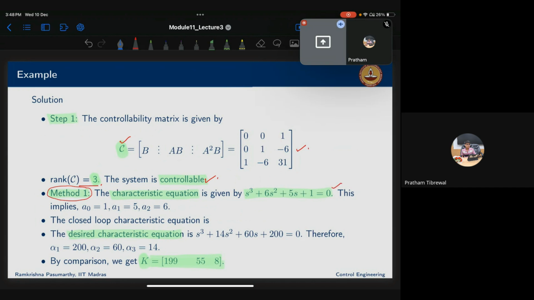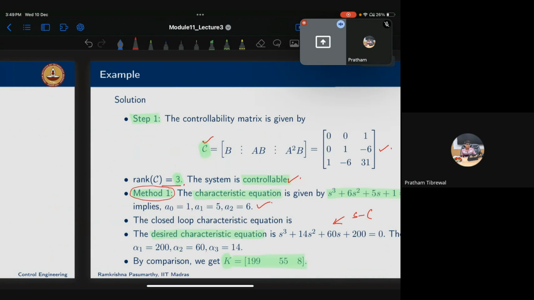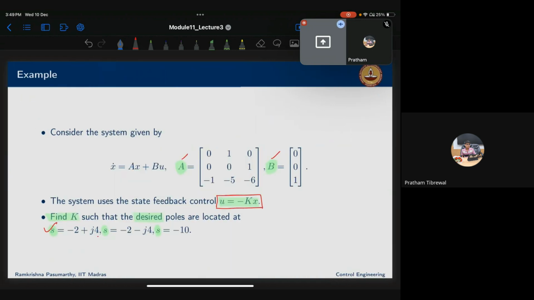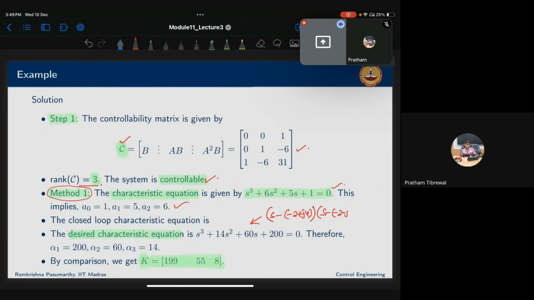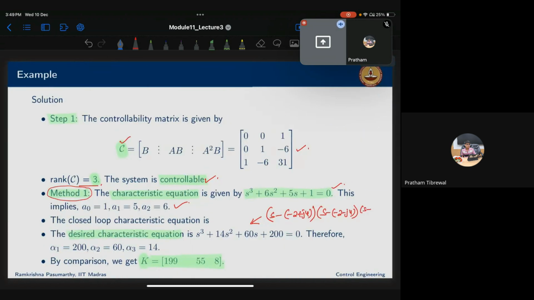First, what we saw in method 1. This is the characteristic equation we have, and these are the coefficients. The desired polynomial is nothing but (s minus (-2 plus j4)) times (s minus (-2 minus j4)) times (s plus 10) equal to 0.